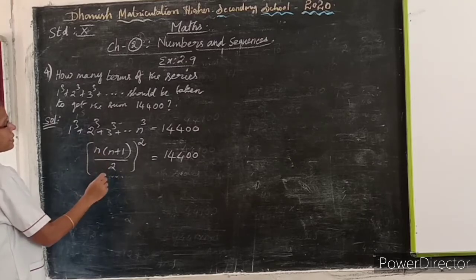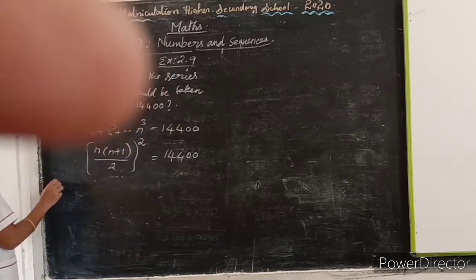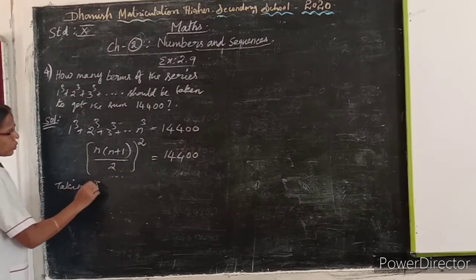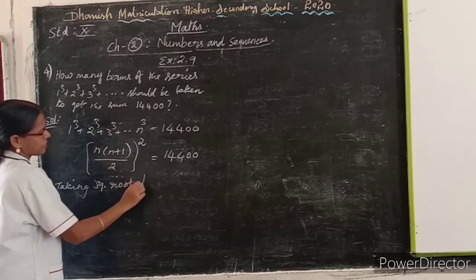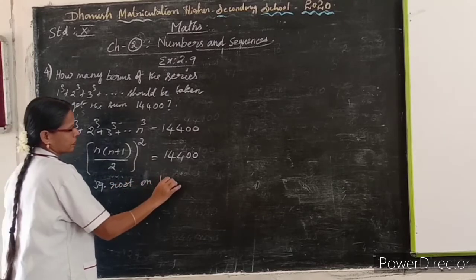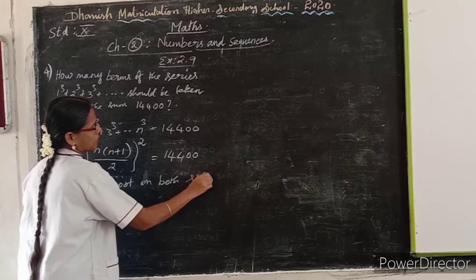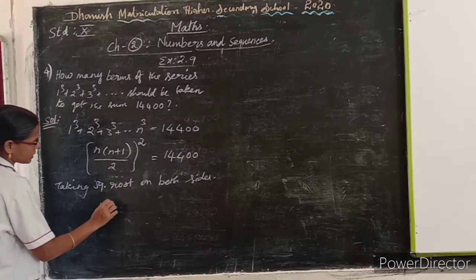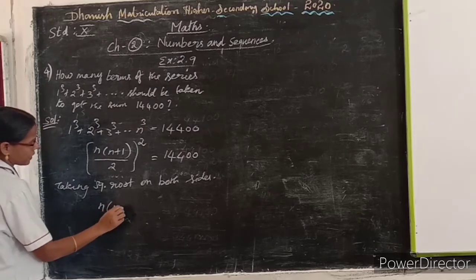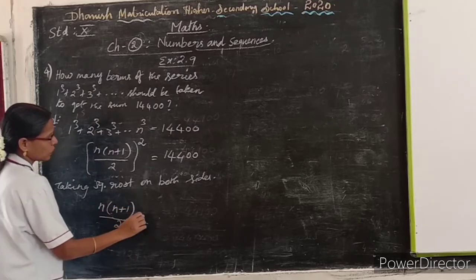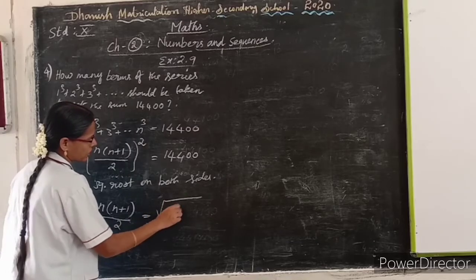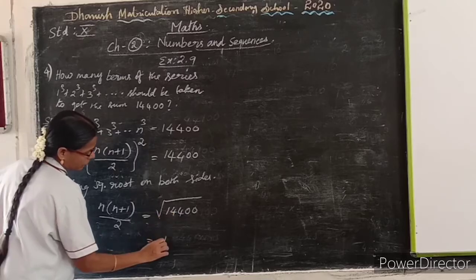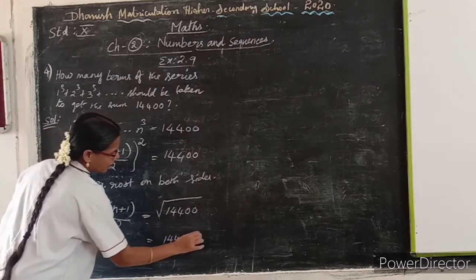n is on the LHS. First remove the square, therefore, taking square root on both sides. The square term cancels, so LHS is n into (n plus 1) by 2, equal to root of 14,400. 14,400 is 144 into 100.